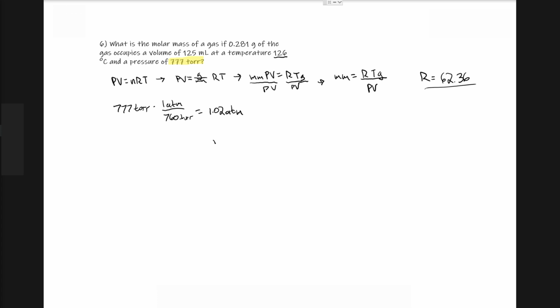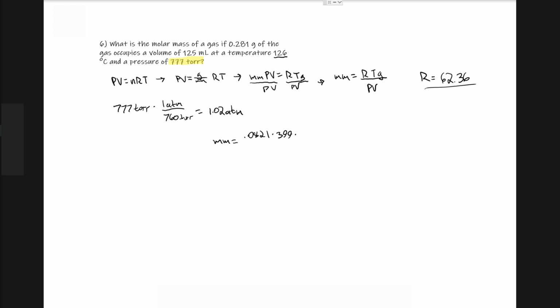We have that the molar mass is equal to 0.0821 times, and again, don't get thrown off by the fact that this is giving us the temperature in Celsius. It's 126 degrees Celsius plus 273 to get us to the temperature in Kelvin. So it's really 399.